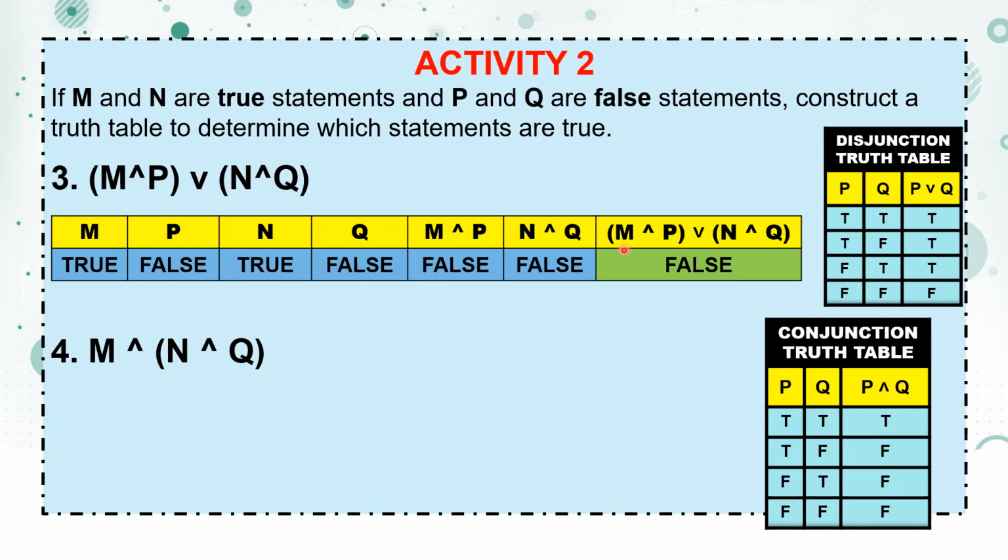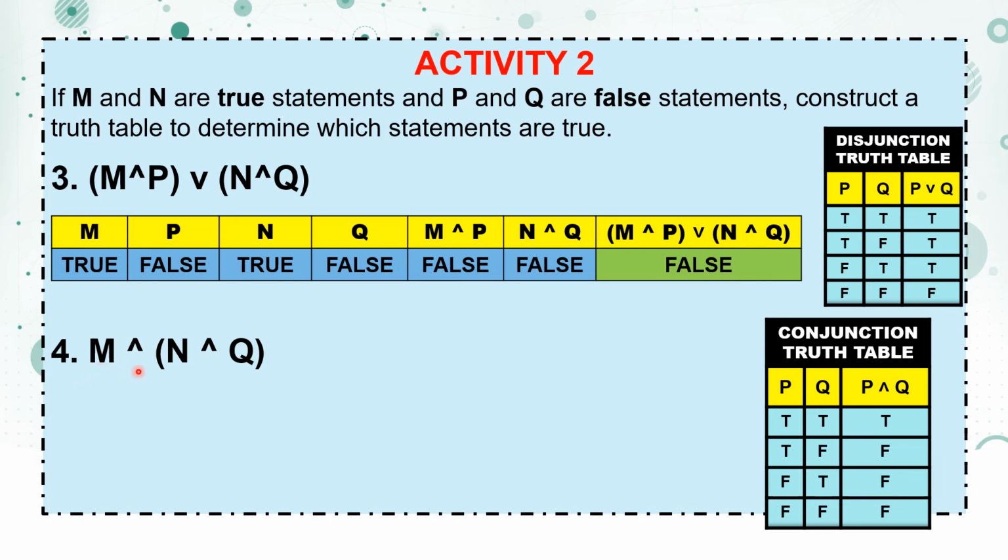Yung value ng M and P is false, at yung value naman ng N and Q is false. So, false, false. Dito sa disjunction, false, false is false. So, the truth value of this statement is false. Next, number 4.